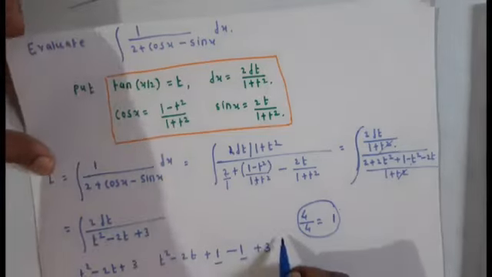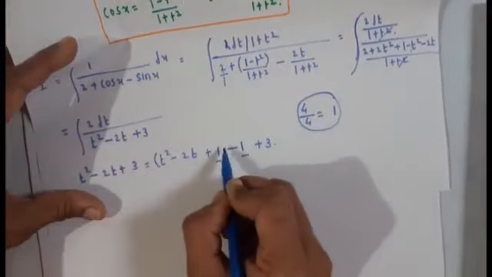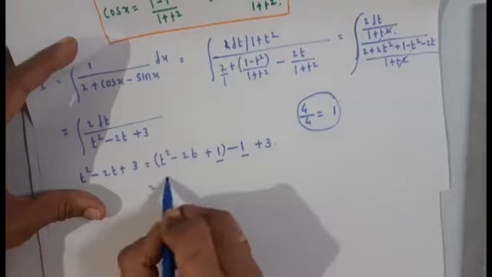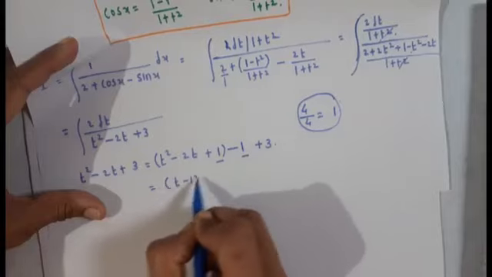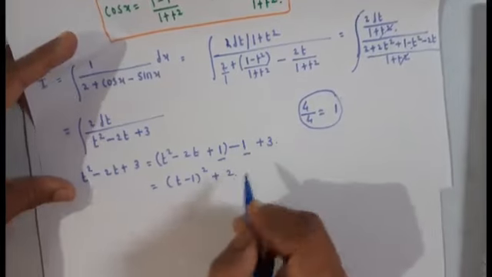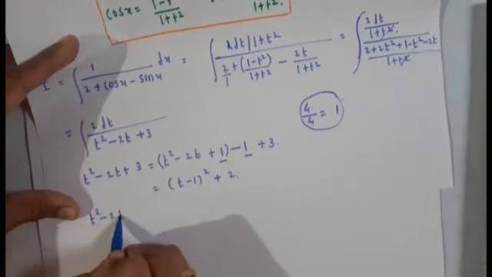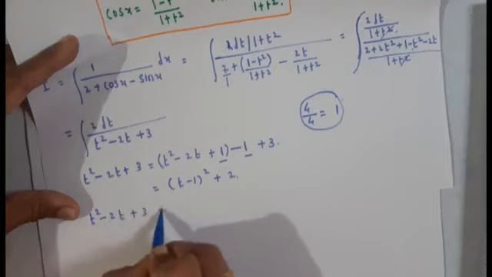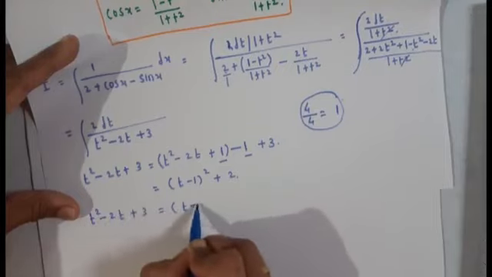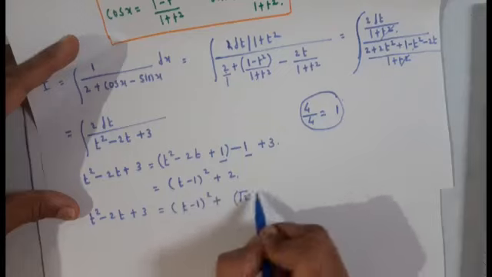Okay, and now this is in one bracket, that is t minus 1 whole square plus 2, and hence we can write this t square minus 2t plus 3 as t minus 1 whole square plus root 2 whole square.